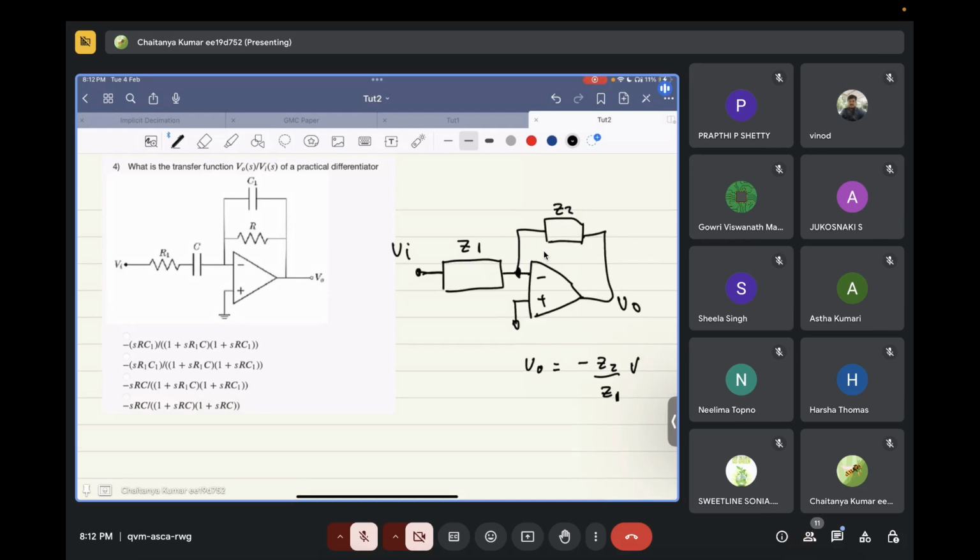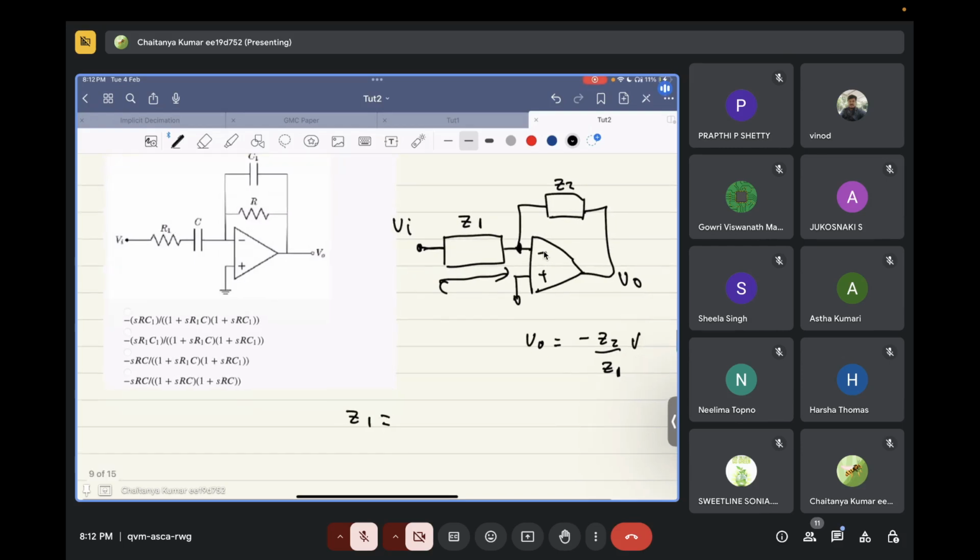Now, whatever network is there in place of Z1 or Z2, from there you can find the transfer function. Z1 is the series combination of R1 and C, right?